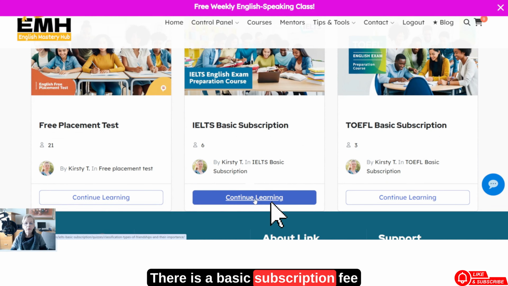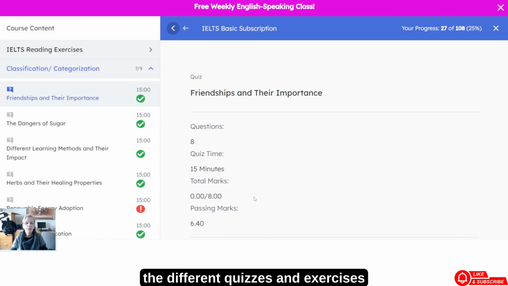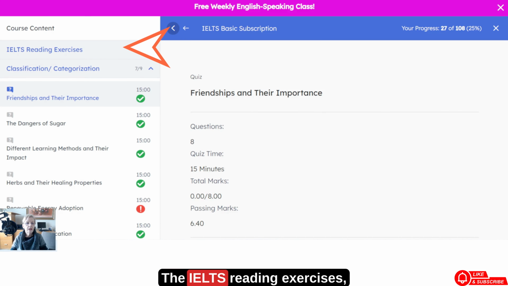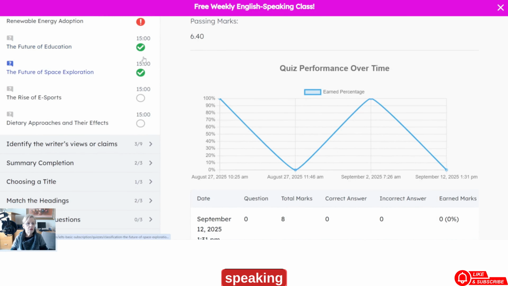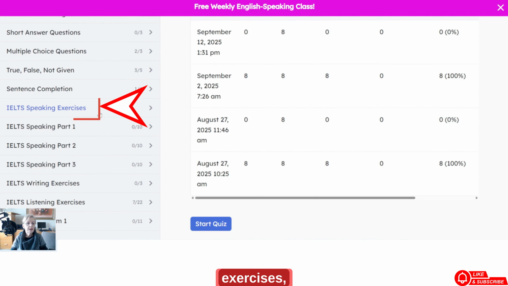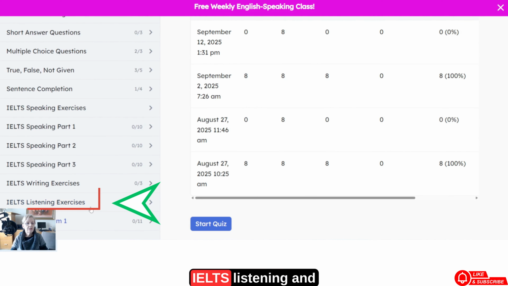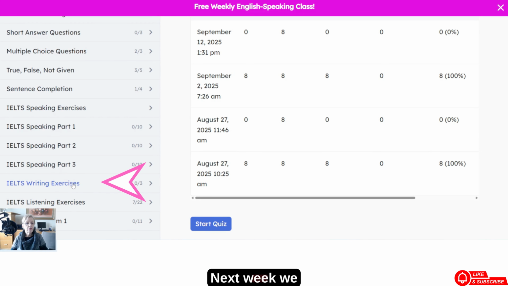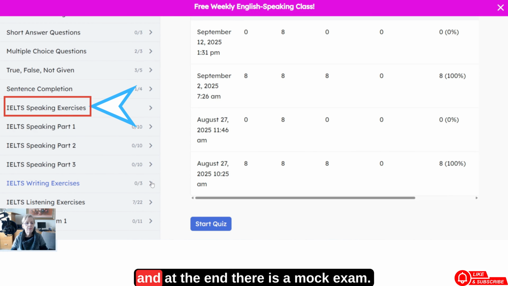There is a basic subscription fee, and then you may open all the different quizzes and exercises that we have looked at over the past few weeks, the IELTS reading exercises, the IELTS speaking exercises, IELTS listening, and today we are looking at IELTS writing. Next week we will address IELTS speaking, and at the end there is a mock exam.